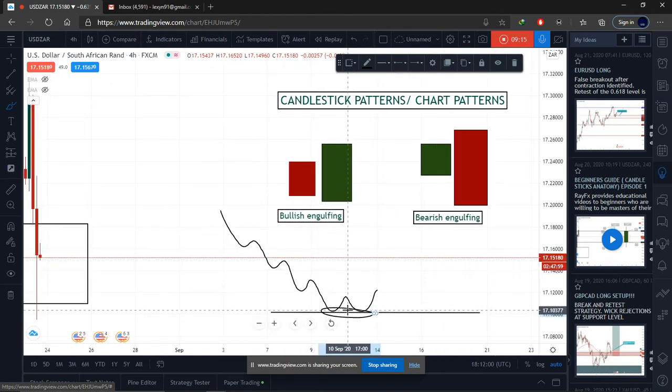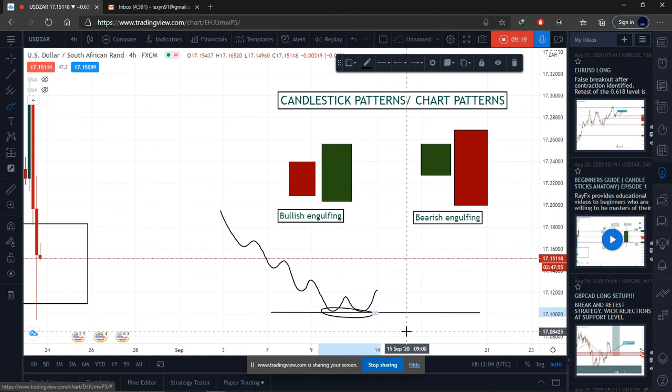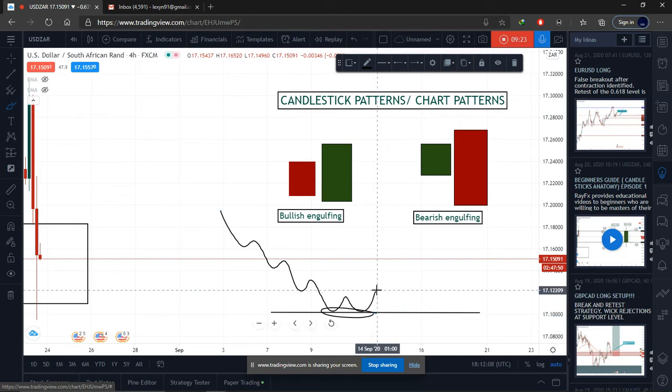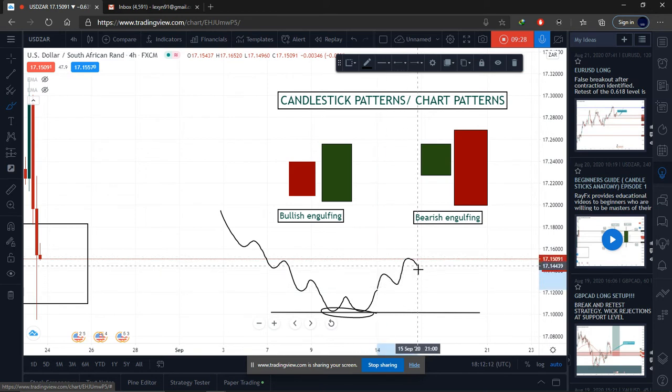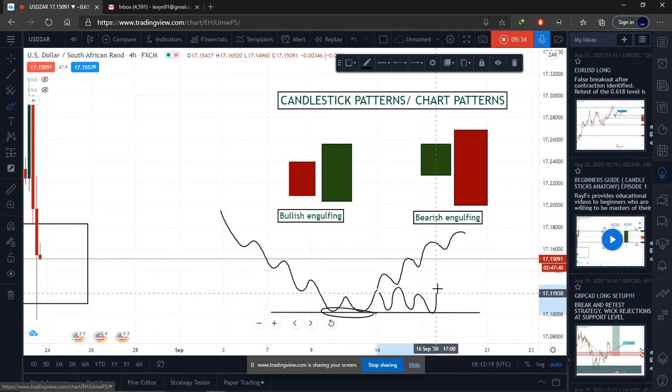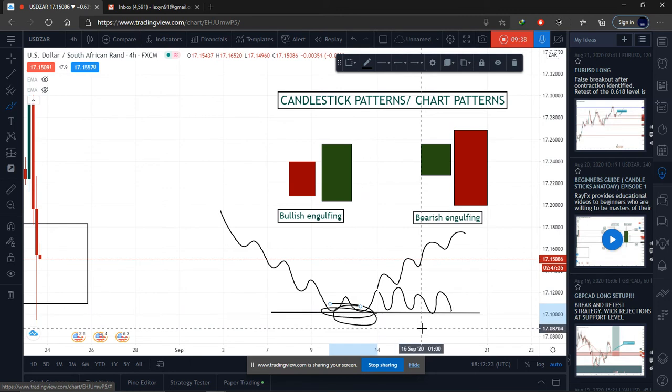This is what we call a double bottom. When a double bottom forms like this, you will be looking to join the new trend. The new trend is that the market could go up and form higher highs and higher lows, or it could start to range. So whenever you find a double bottom, it's an indication of a change in trend.